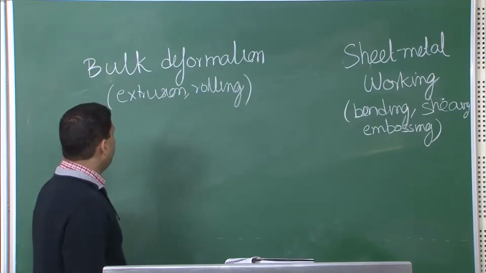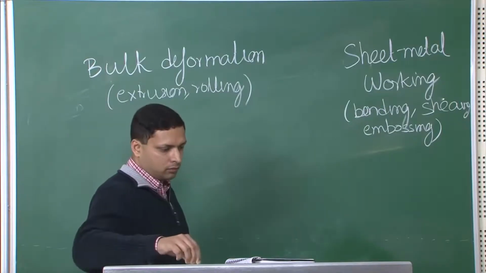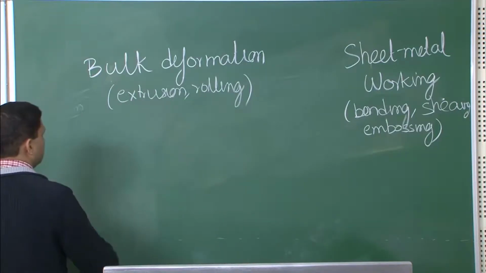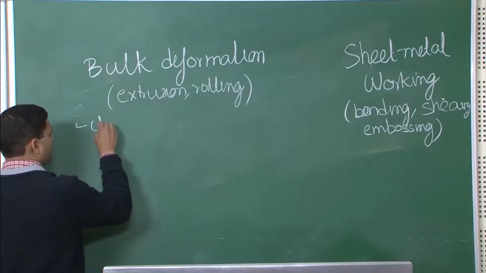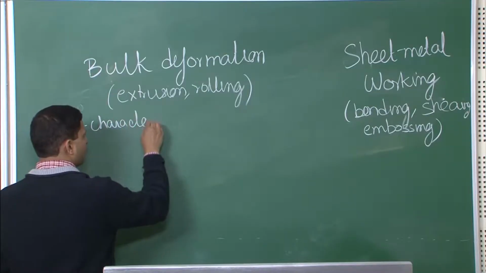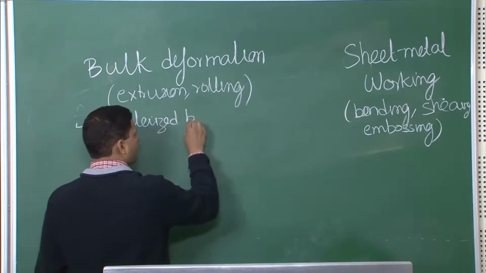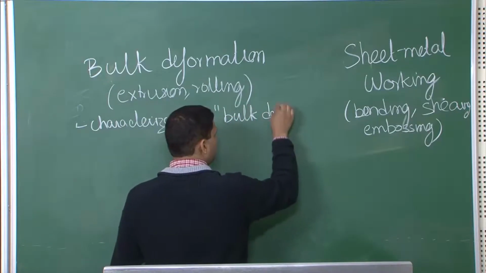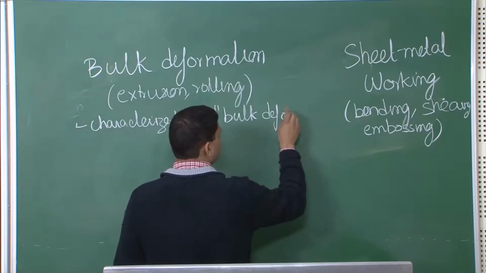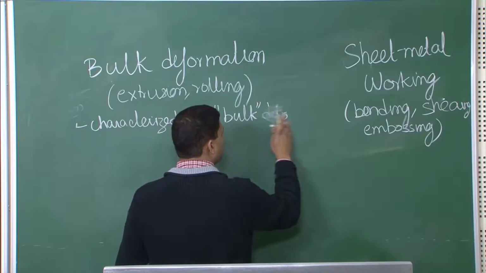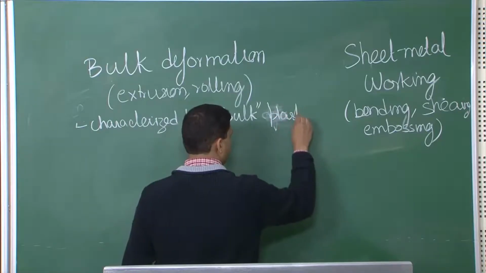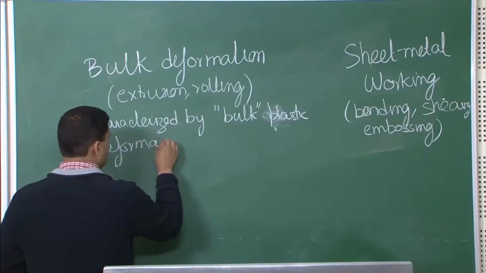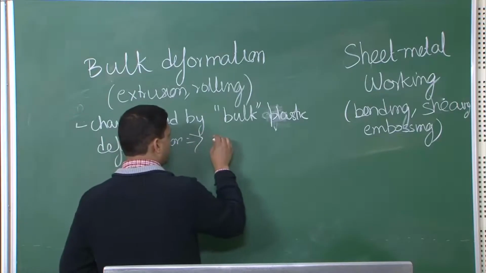So, if we were to define it, then bulk deformation would be characterized by, of course, bulk plastic deformation, which implies massive shape changes.